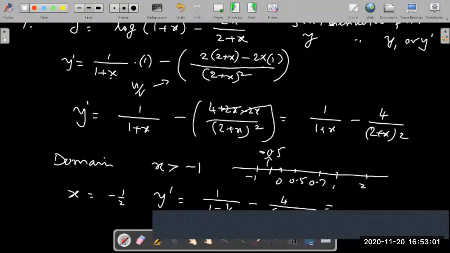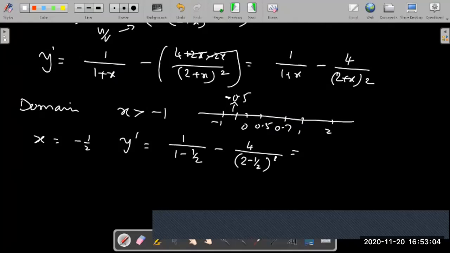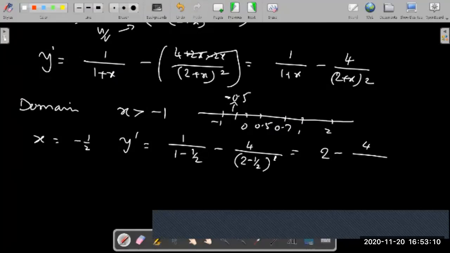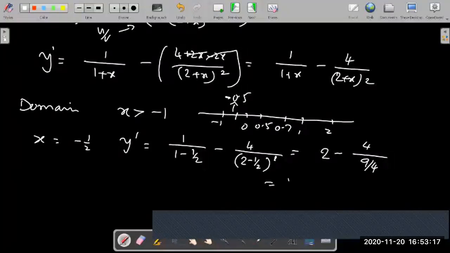So then we have 1 by 1 minus half is 1 by 2, so we get 2 for the first one, minus 4 divided by 2 minus half is 3 by 2. 3 by 2 whole square is 9 by 4. So you have 2 minus 16 by 9. That's equal to 2 minus 1 and 7 by 9. So 2 is greater than 1 and 7 by 9. Therefore, you get y dash is positive.